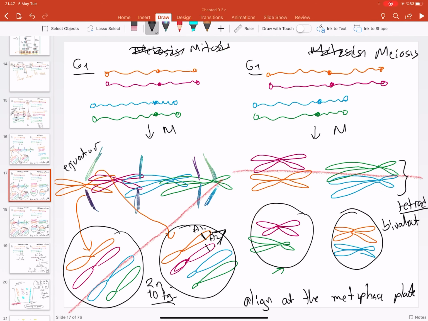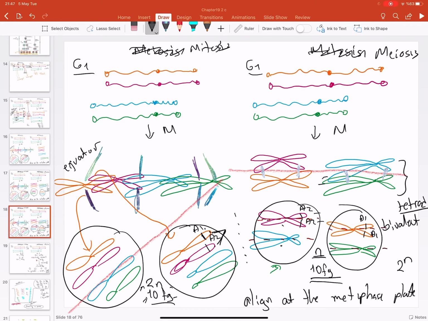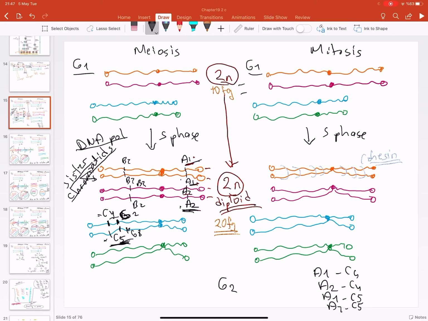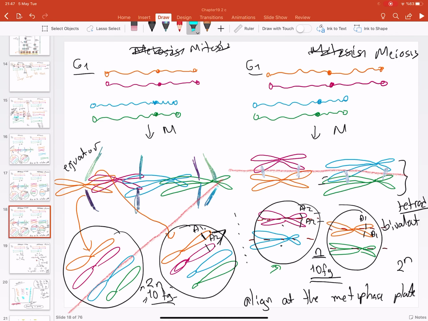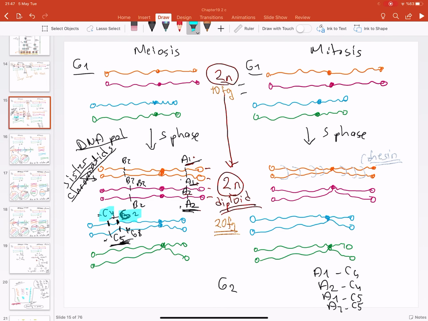So aligning the chromosome this way or this way doesn't change how C and G alleles will be segregated. This is the C gene and this is the G gene. How they align at the metaphase plate doesn't change the segregation because they're on the same chromosome. They are going to be segregated together unless they are separated by a crossing over event.